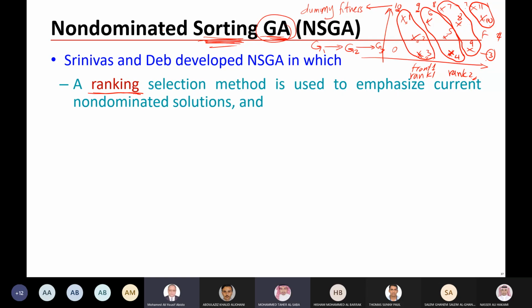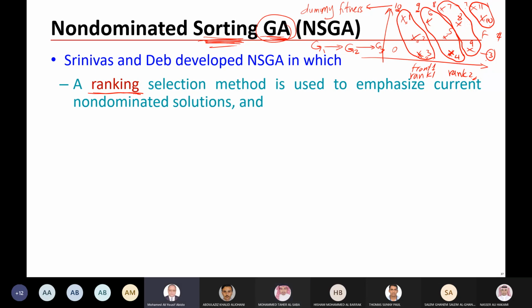So I need to modify the genetic algorithm to handle multi-objective. So assume that this is the initial population that you create randomly.